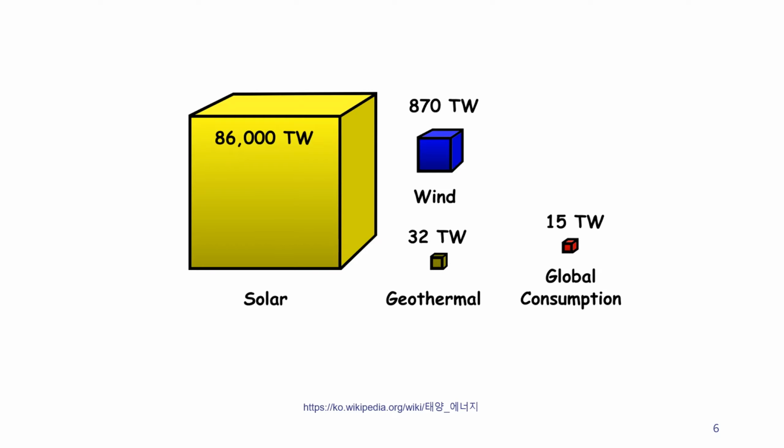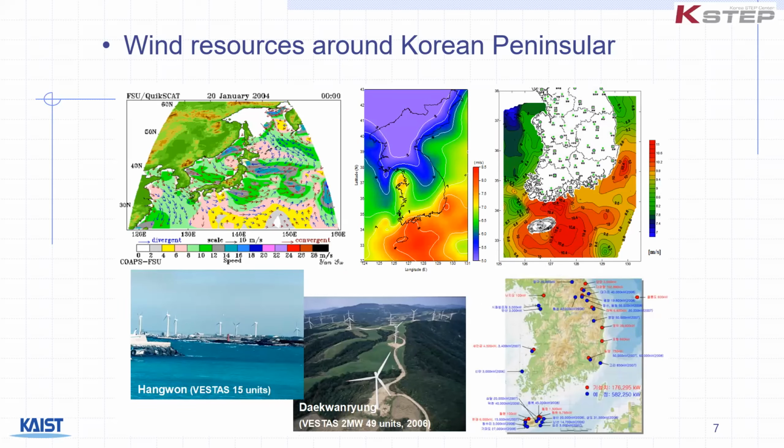So the size of energy is shown here. And resources around the Korean Peninsula are shown here, something like a weather map. Okay. And on the right-hand side and above, see that the red color is the high wind area.